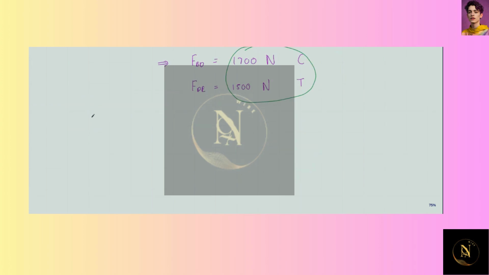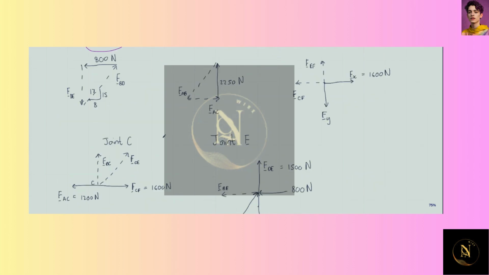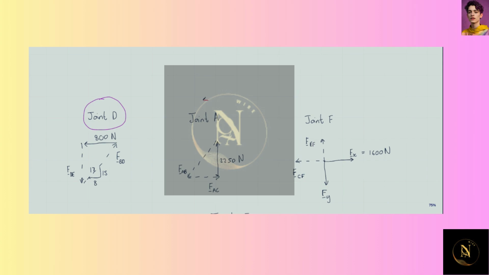Next, we look at joint A, and we'll draw a free body diagram for joint A as we have here.